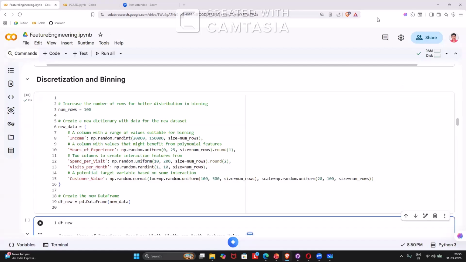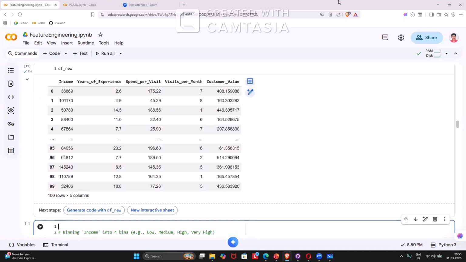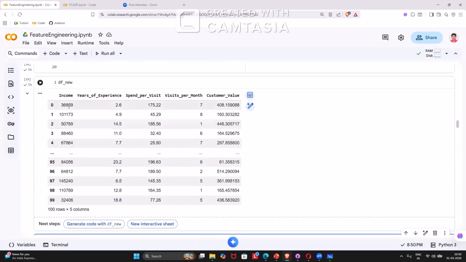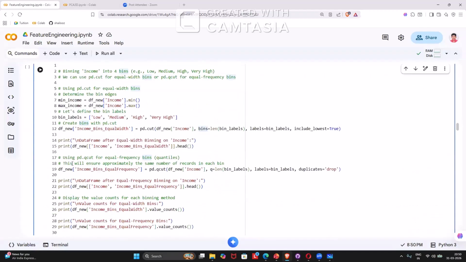For that also, I'm creating new data here. We have income, years of experience, spend per visit, visit per month, customer values. Now what I'm doing is a binning. I'm taking the maximum value and minimum value in the income, and instead of keeping the income like this, I want to make it low, medium, high, very high.